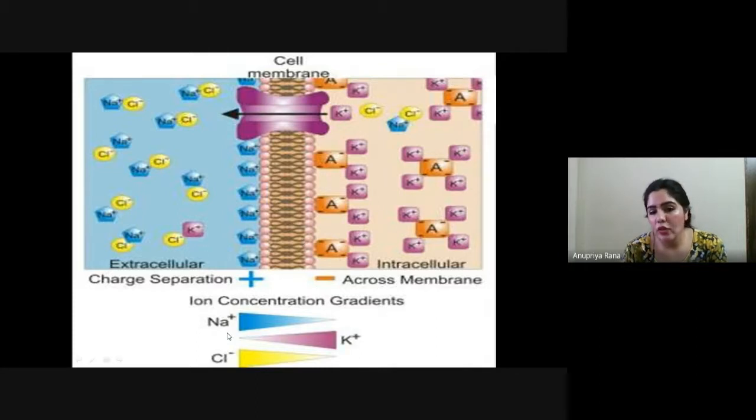Sodium concentration is high outside, and potassium is high at the inner side. Chloride is always high towards the outer side. These are called the concentration gradients, and they also have a very important role to play in action potential generation.